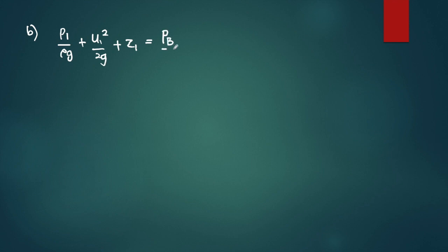So now, this is B. So P1 over rho g plus U1 squared over 2g plus Z1 equal to, so you have to calculate PB at point B, velocity at point B. Therefore, here I change from P2 to PB over rho g plus UB squared over 2g plus ZB.